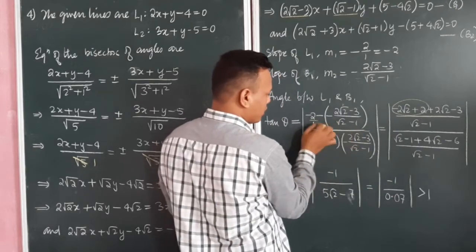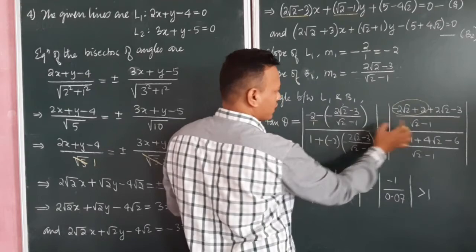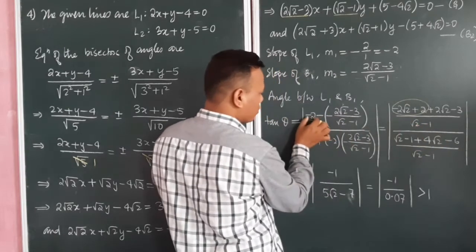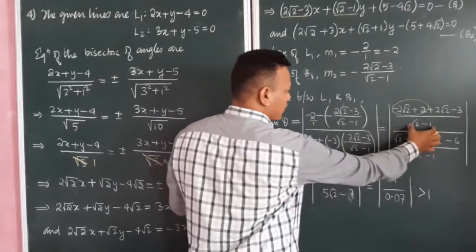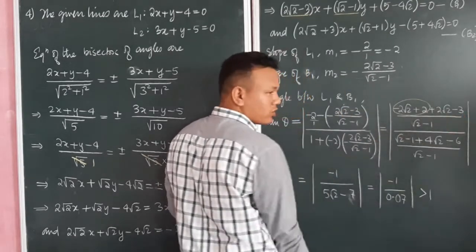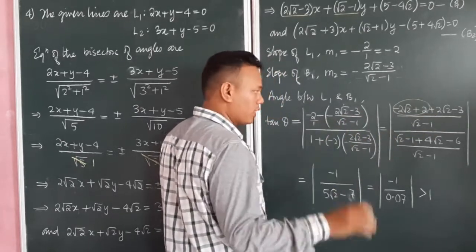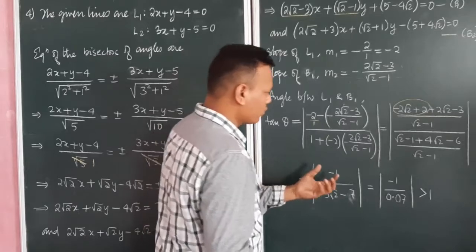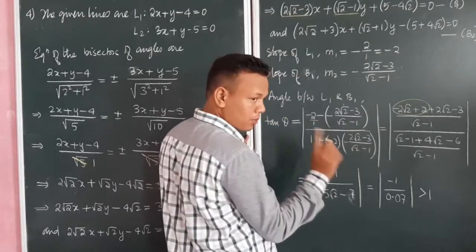The LCM of this and this will be this much. So 1 divide this by this, you'll get this much itself. So this into minus 2 will be this much. Divide this by this, you'll get 1. So 1 into this becomes this much itself. And how did this plus arrive? Because of minus into minus. Okay, fine. Now in the denominator also we have got the same thing, right? So minus into minus becomes plus.